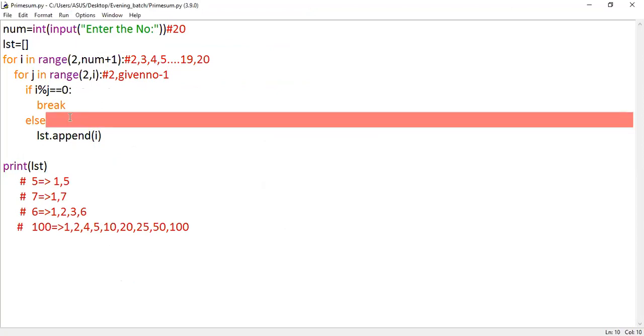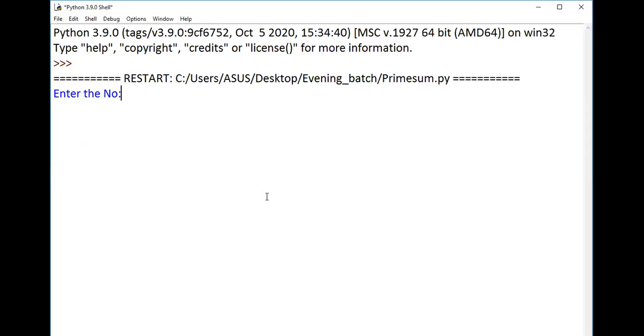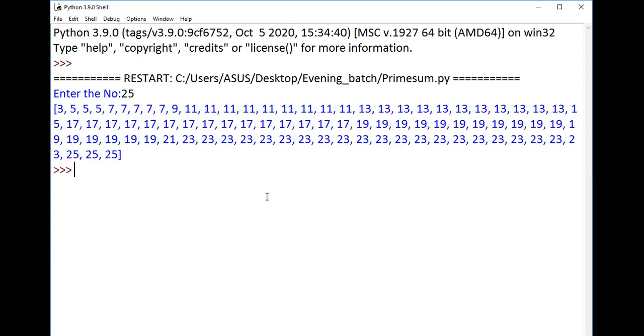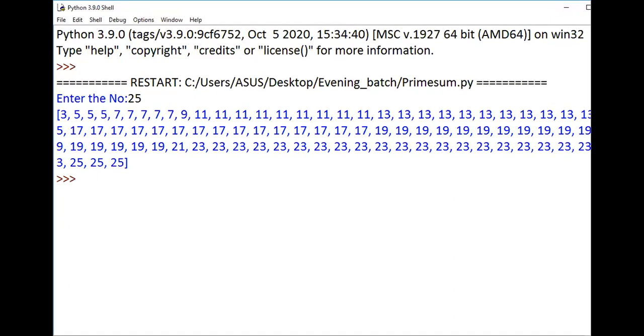So the else colon is missing, guys. Sorry for it. I'll just share the output window. If at all I'm giving 25, something is wrong right here. This has to be given outside, guys.